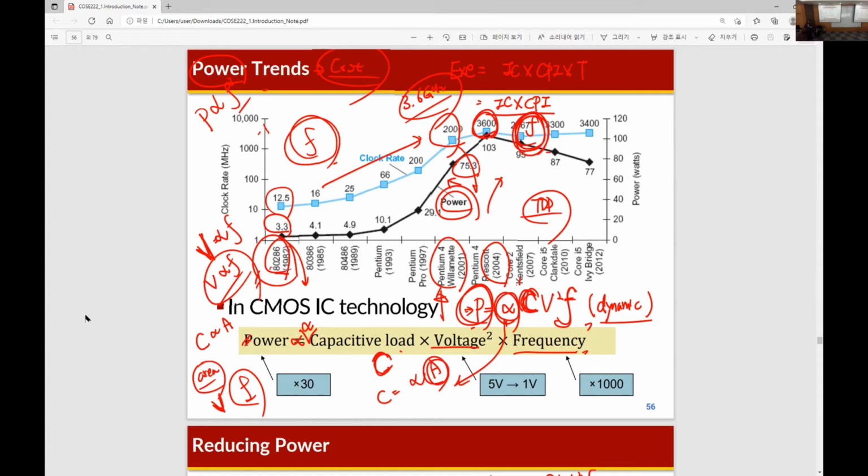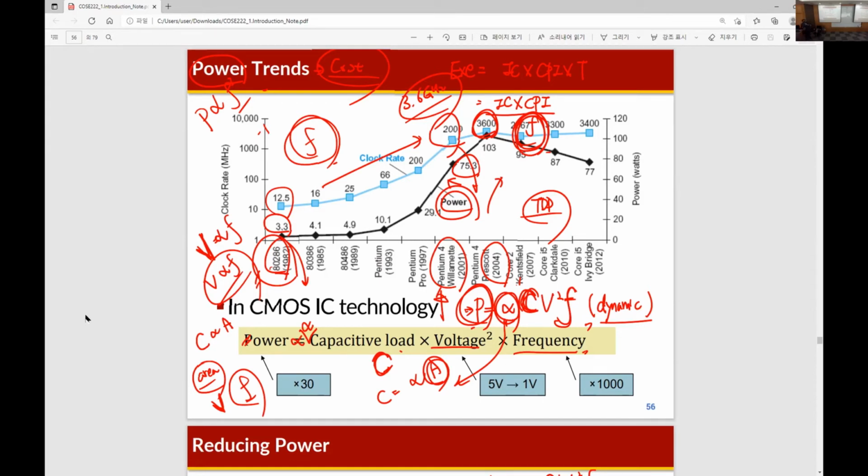But in this course, we do not explore some advanced level of computer architecture, so I just mention the dynamic power consumption. And as you know, this is the equation. If you see this equation, you need to know which factors influence the dynamic power consumption of the computer system.